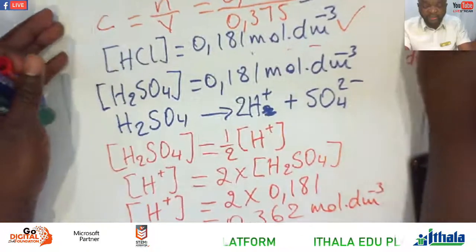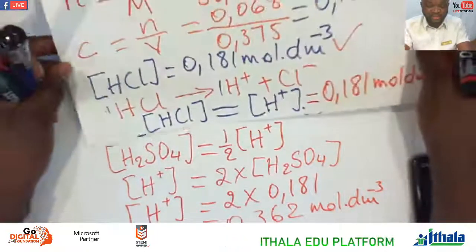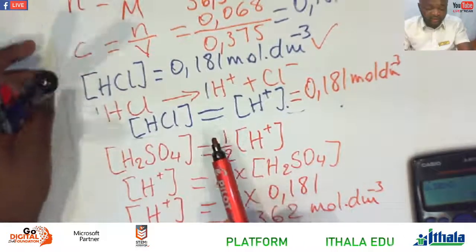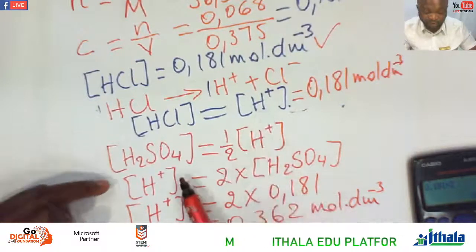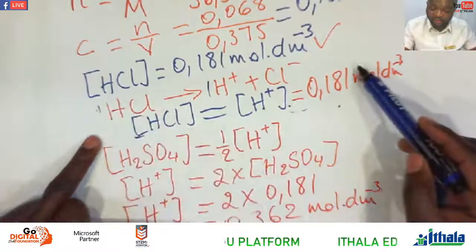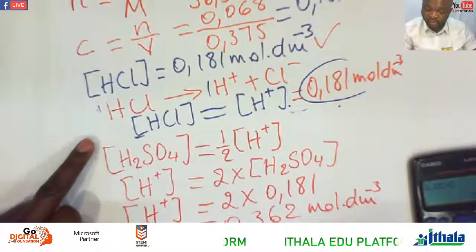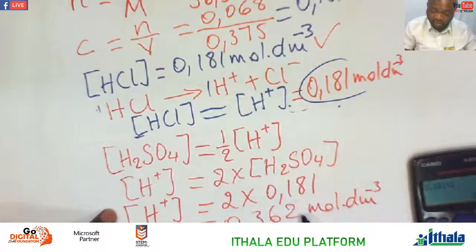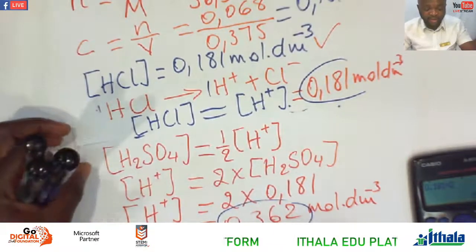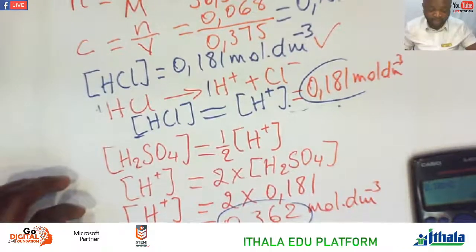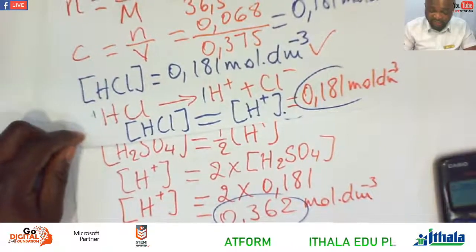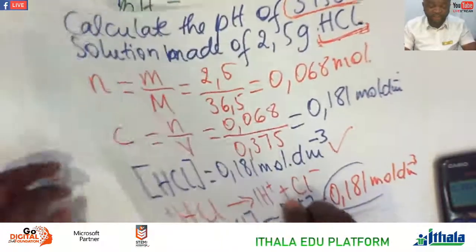Angithi masi comparisha a concentration ye HCl yema H plus as from HCl compared to a concentration ga H plus as compared to H2SO4. Ngoba HCl is a monoprotic acid, a concentration it is 0,181. Kandi with H2SO4, the concentration is a double of it, 0,362. So just remember every time when you have to look at H plus, every time write down a ionization reaction. So calculate kanjalo pH yani ye acid.